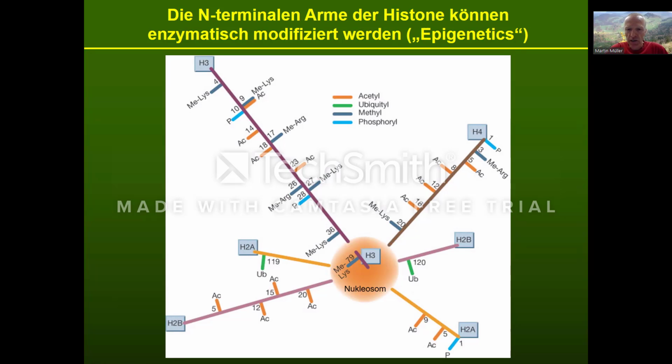You can imagine that each cell type has its specific epigenome, so its specific pattern of histone modifications, and these modifications, the pattern of the histone modifications, determine whether a gene which has a certain pattern of these modifications is active or inactive.